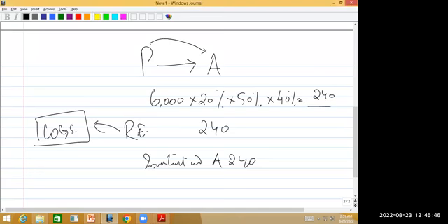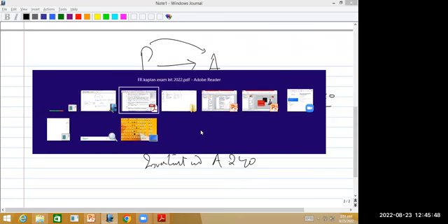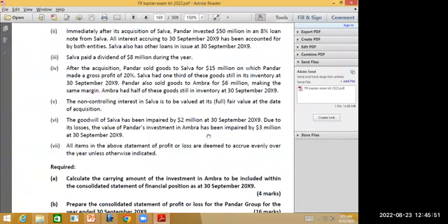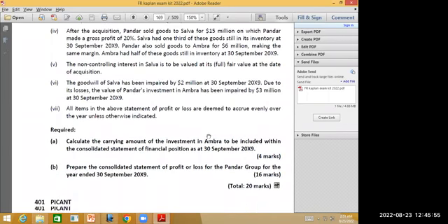Yes. When we prepare the statements, in the income statement, we need to adjust the cost of sales, and in the balance sheet, 240 will be adjusted against the investment in associate.